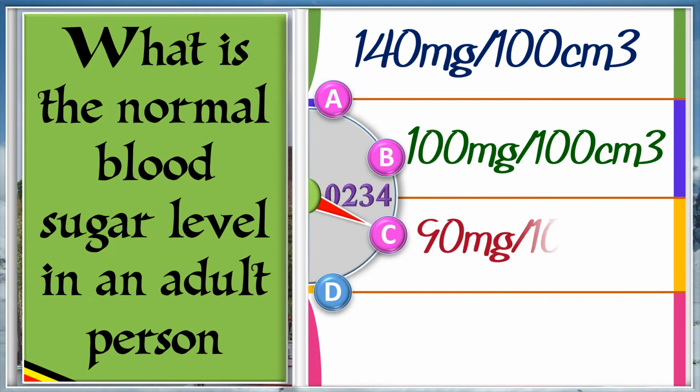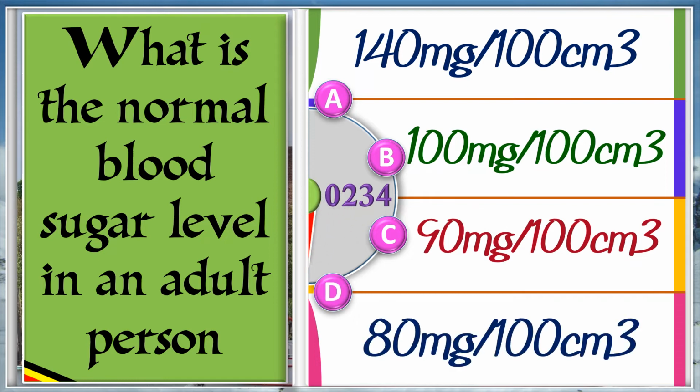C. 90 milligrams per 100 cubic centimeters. D. 80 milligrams per 100 cubic centimeters. And the answer is C. 90 milligrams per 100 cubic centimeters.